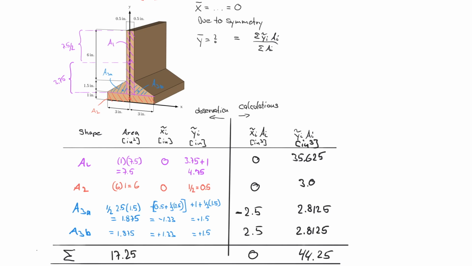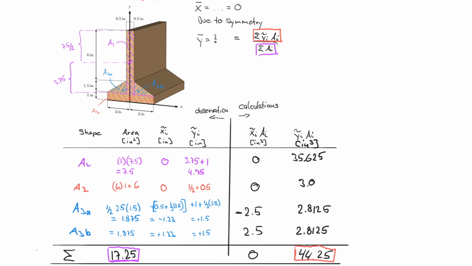What do I really need? I need my Ai here. So I pretend that's this value down here. And my summation of yi Ai, that's what I find here on the bottom right in this case.